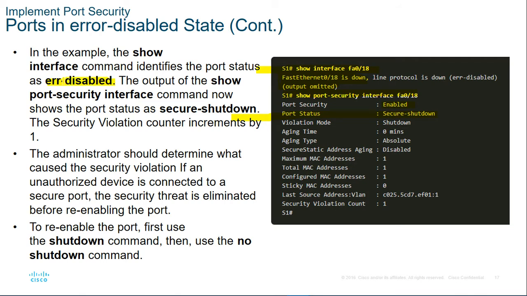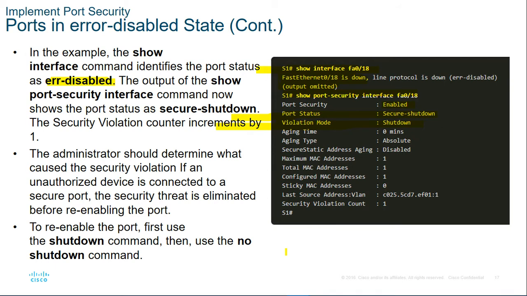The output of the show port security interface command shows secure shutdown. The security violation counter increments by 1. Violation mode is shutdown, and the security violation counter increments by 1, showing how many times a violation occurred.